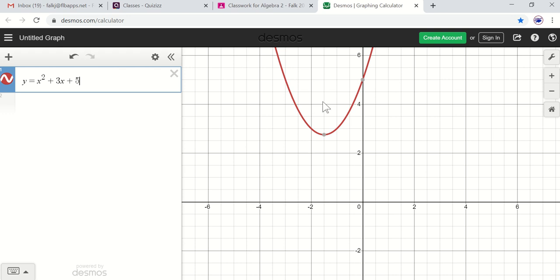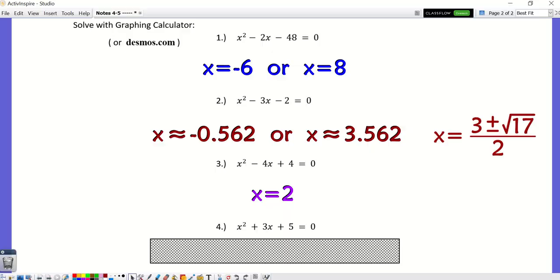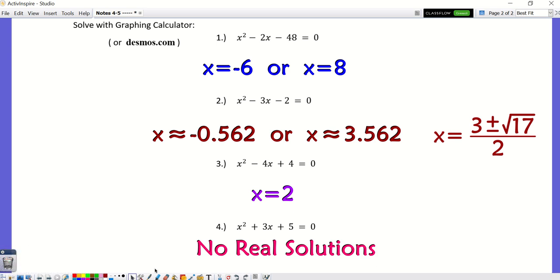Here's the proof right here. When you don't have any x-intercepts, you can pretty much conclude that there are no real solutions to this quadratic equation at all.